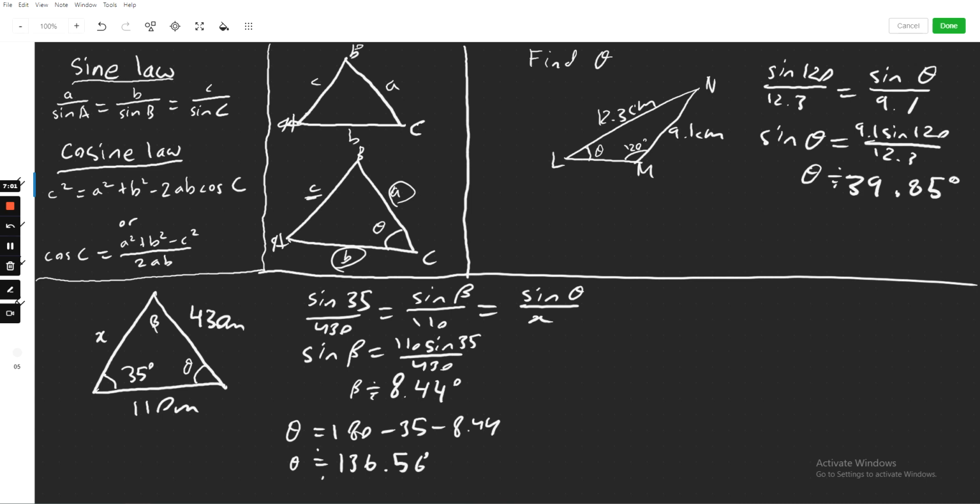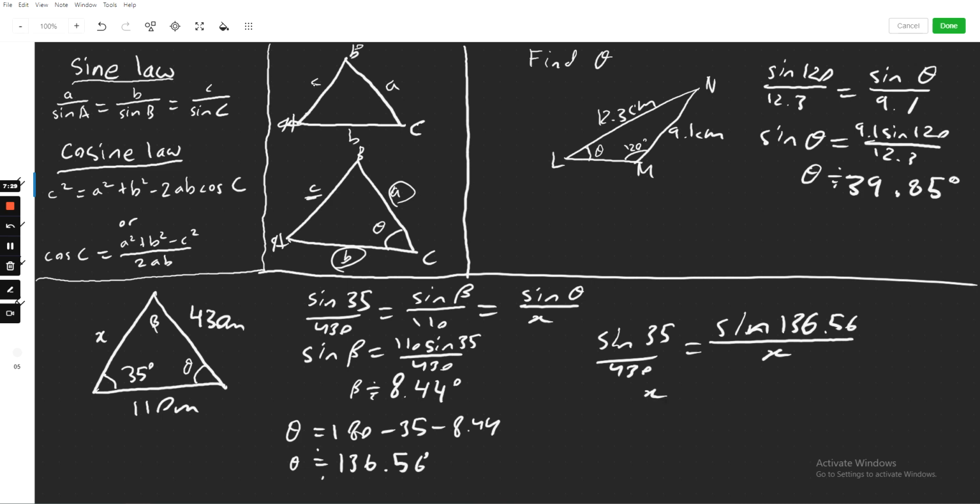Okay, so now that we have that, we can actually solve for x. So sine 35 over 430 is equal to sine 136.56 over x.